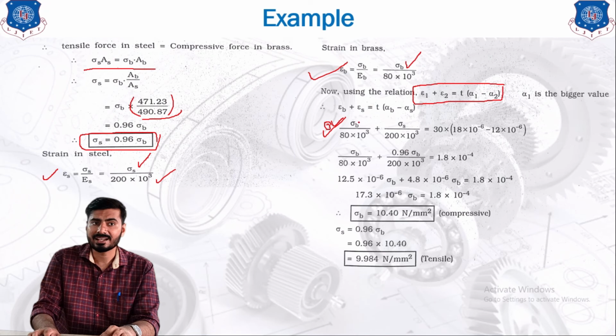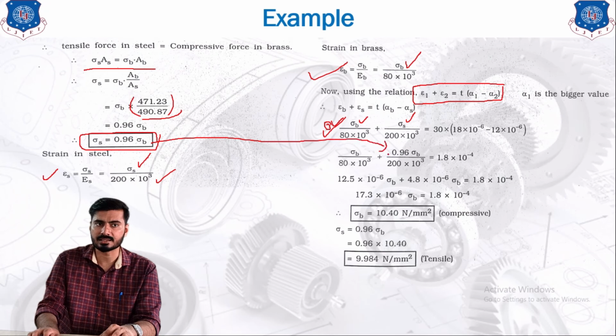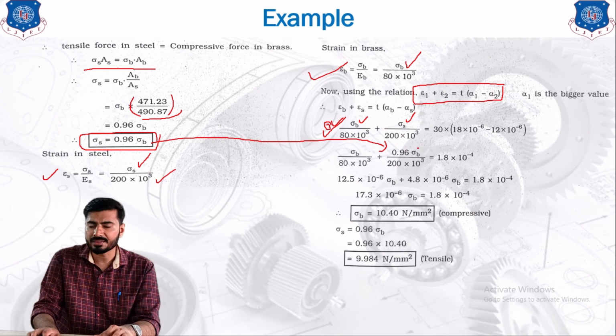Now you will see that this equation contains only two unknowns, that is sigma B and sigma S. Now we apply the relation from equation number 1 into this equation, and it gives us only one unknown in the entire equation, that is sigma B. If we take sigma B common and simplify the rest of the equation, we are able to calculate sigma B as 10.40 Newton per mm square.